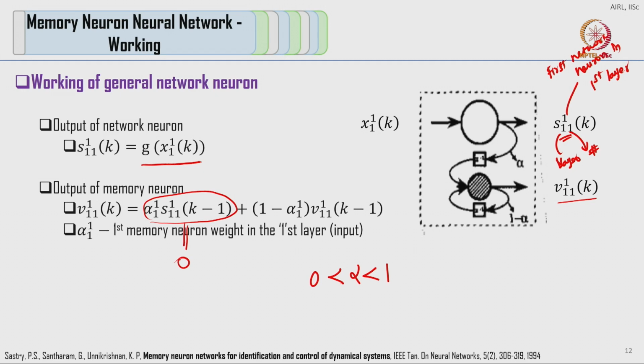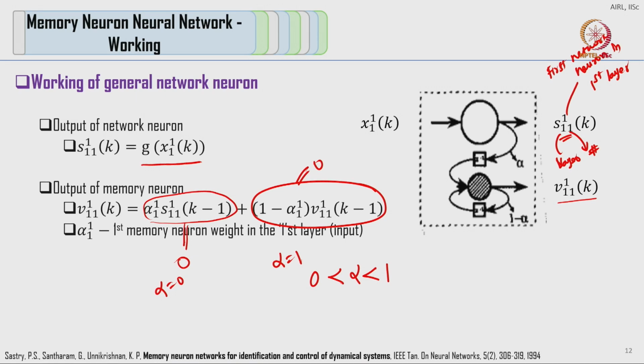Now if I put alpha equal to 1, this other term will be equal to 0. What does it mean? Whatever the current output of the neuron is, delayed by one time step, is what your memory neuron is going to hold.